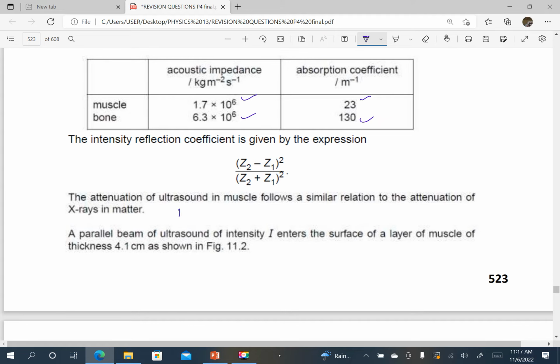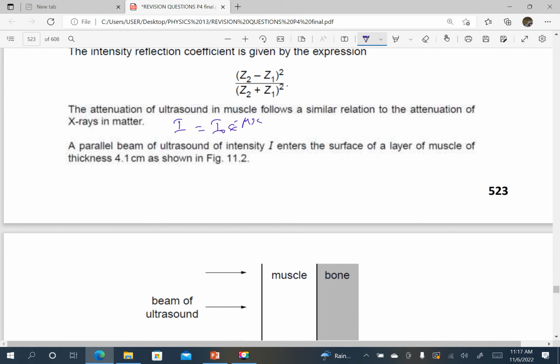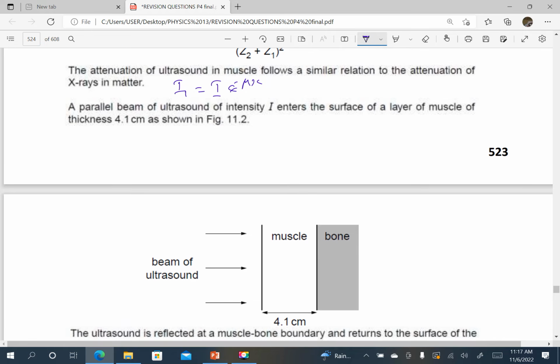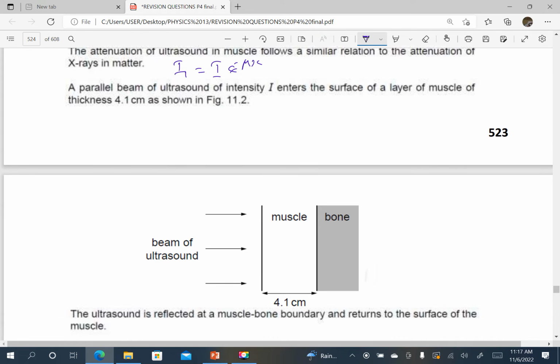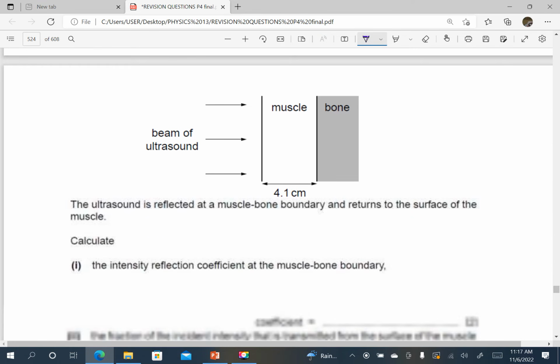That is, I transmitted is going to be I naught e power negative mu x. A parallel beam of ultrasound of intensity I enters the surface of a layer of muscle of thickness 4.1, as shown here.